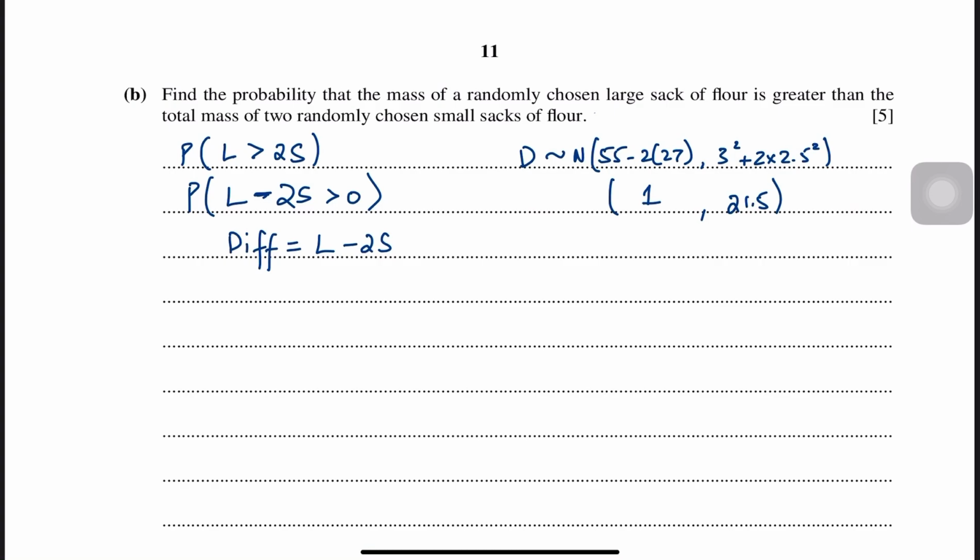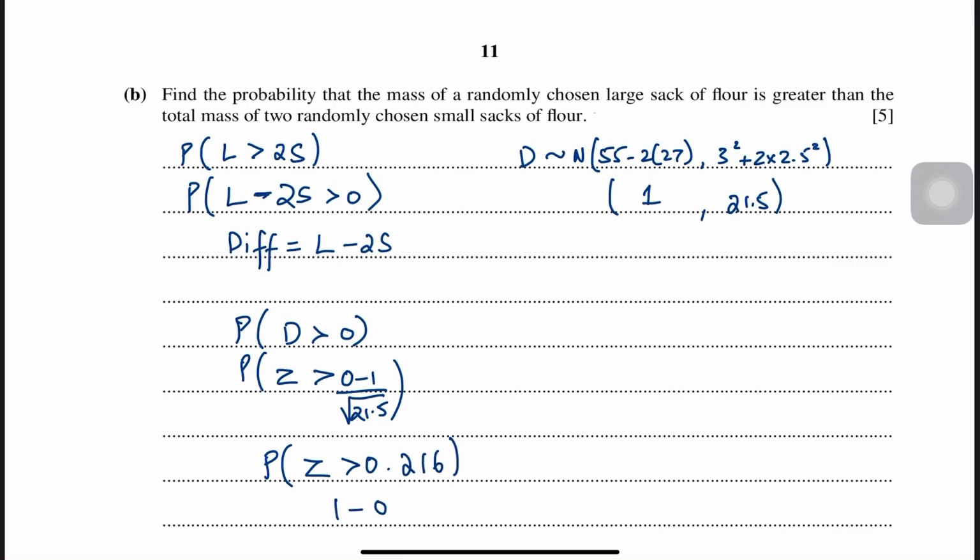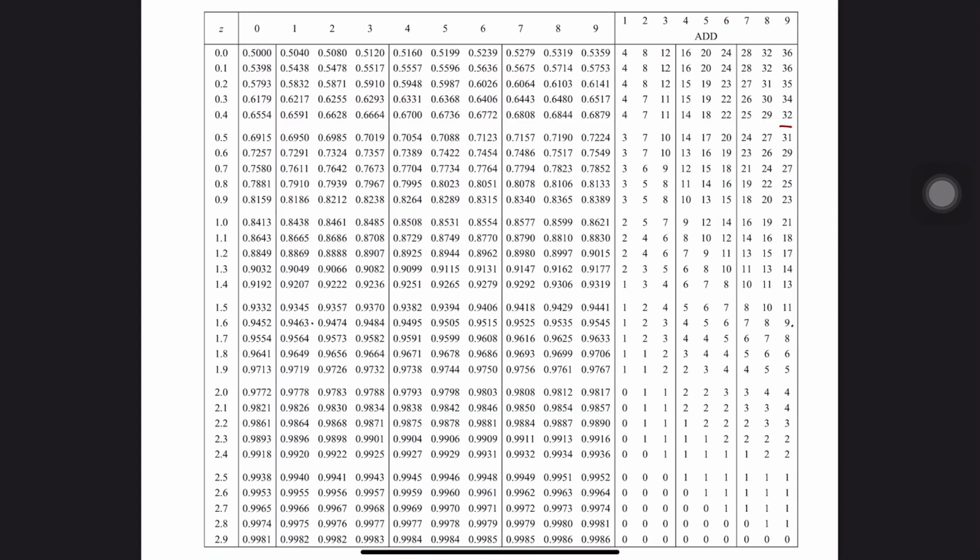So difference is greater than 0. 0.216. 0.216 gives me 32 plus 23.